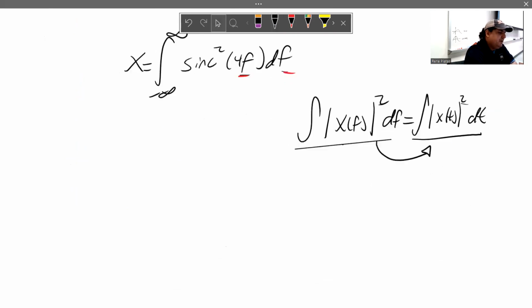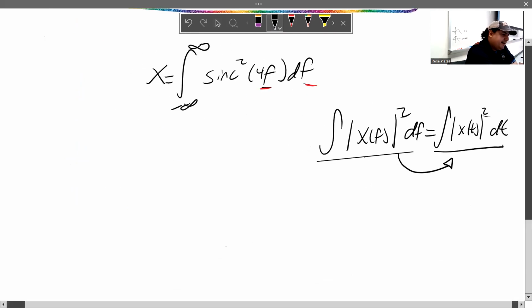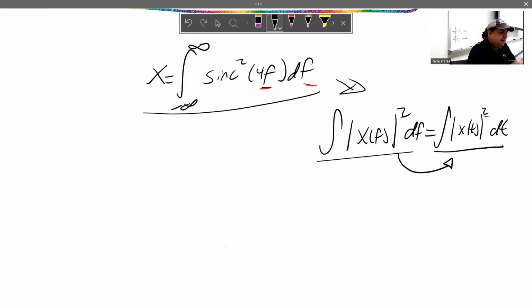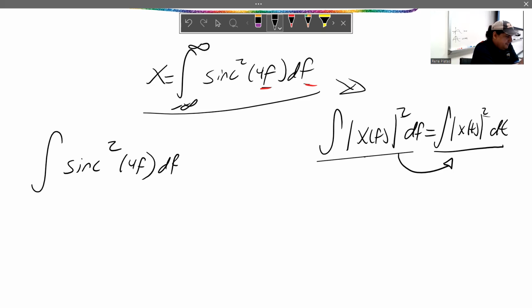Now, we want this to look like this. How do we do that? Well, it's already squared. That's helpful. We have our sinc squared of 4f here. We can bring this squared outside like that.